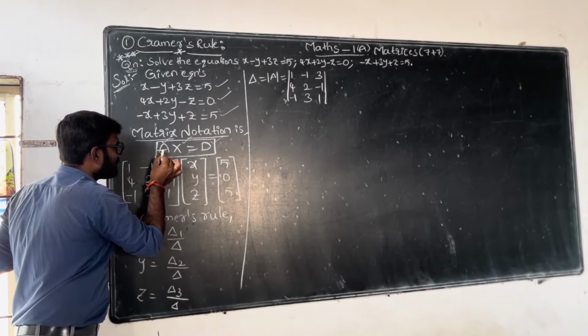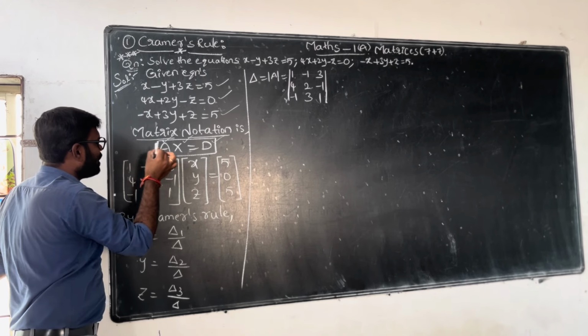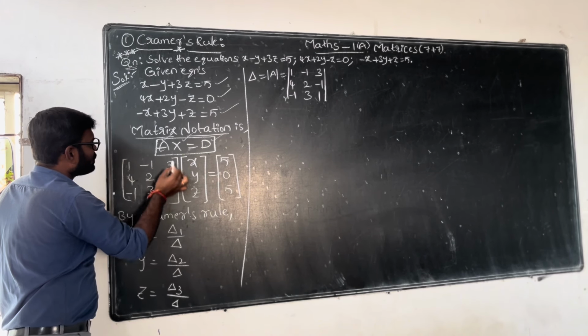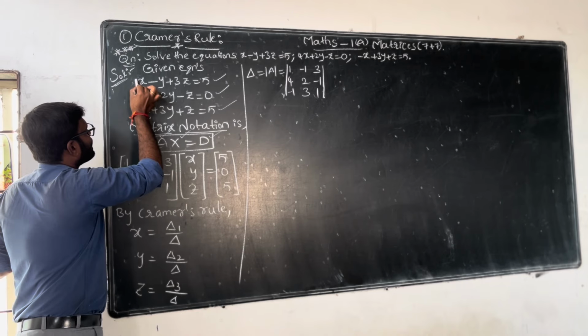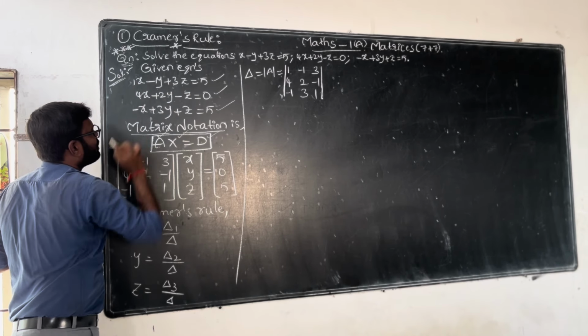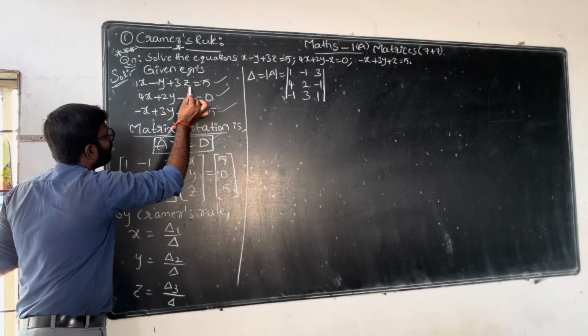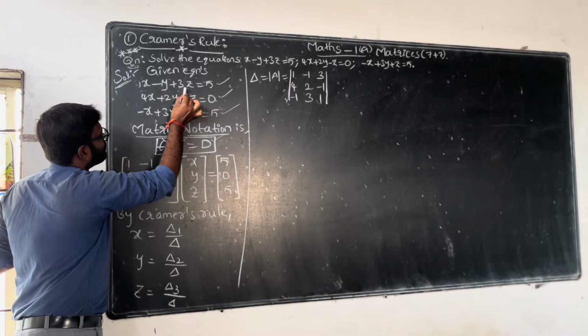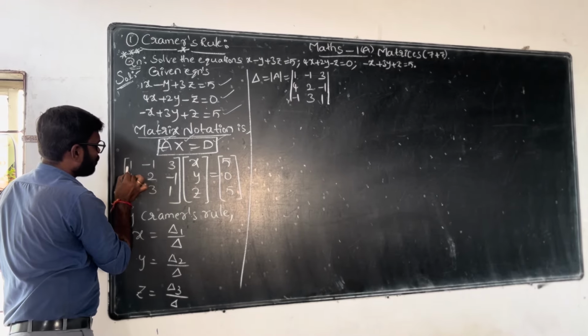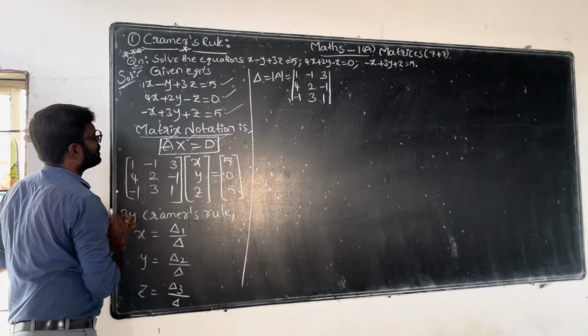The matrix A is simply the coefficients of the x, y, z variables. According to the first equation, x coefficient 1, y coefficient minus 1, z coefficient 3. So 1, minus 1, 3 is the first row.